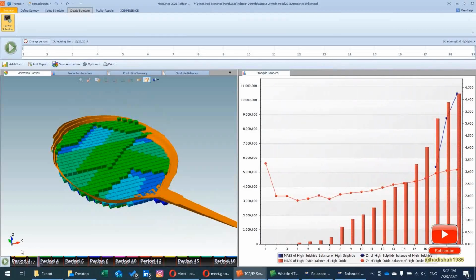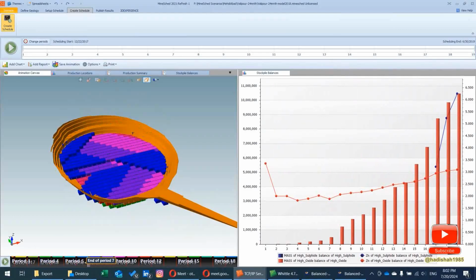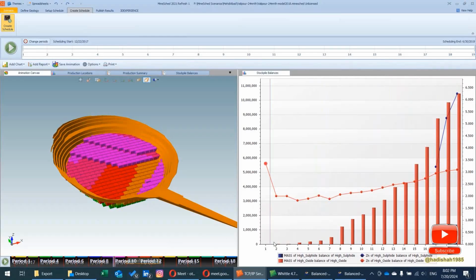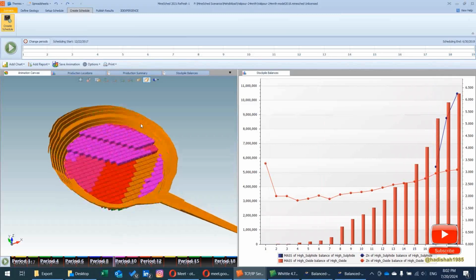This scenario is mostly to guide pre-stripping stages, as you see that in many earlier months no ore is produced, and the aim of this scenario was to reach the sulfide ore, not the oxide, and oxide is being piled as waste in the first 3 or 4 years of this project.